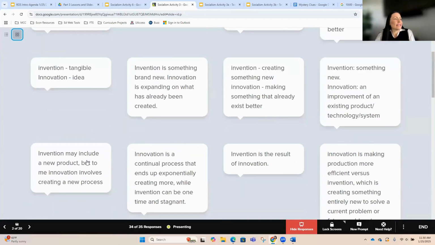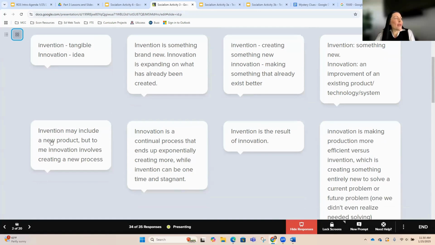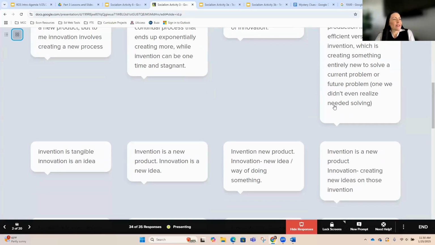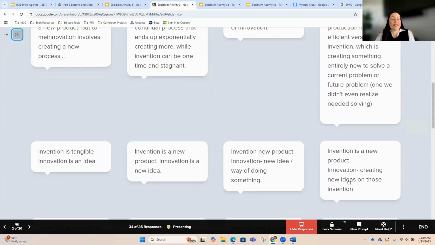Interesting. Invention is the result of innovation, somebody said. Invention may include a new product, but to me, innovation involves creating a new process. Invention is a new product. Innovation is creating new ideas on those inventions.